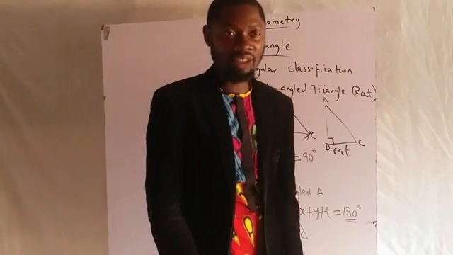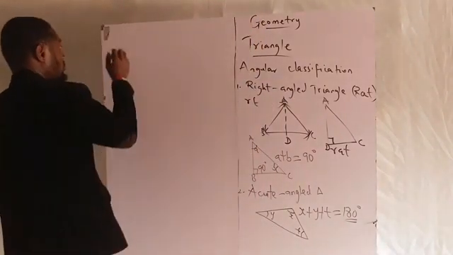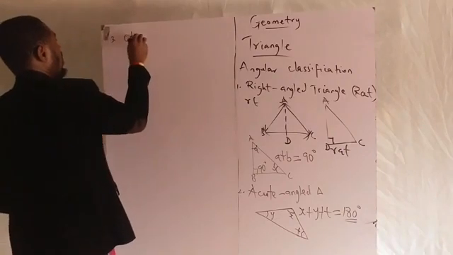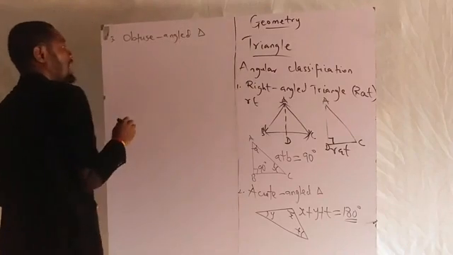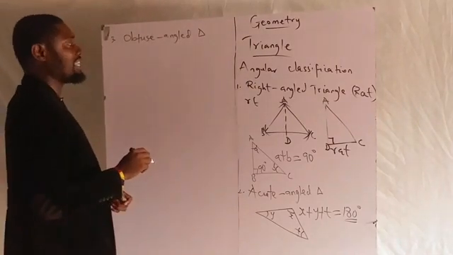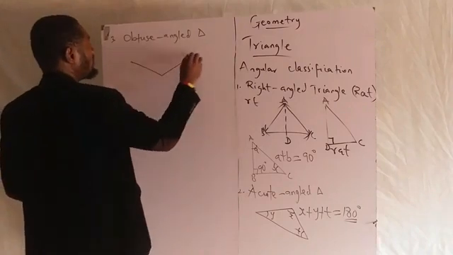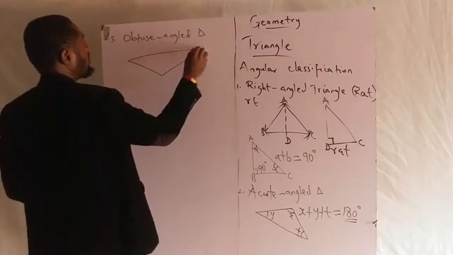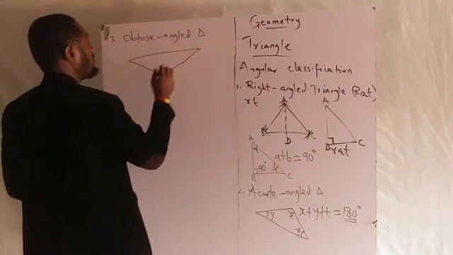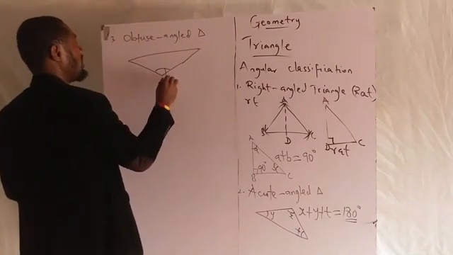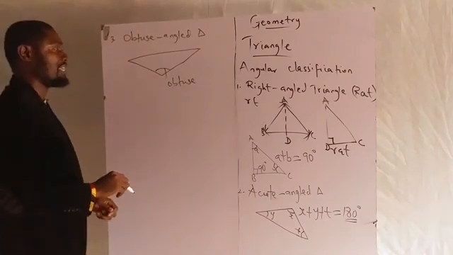One of the angles is more than 90 degrees. This could be an example of an obtuse triangle. This angle is obtuse because it's more than 90 degrees.